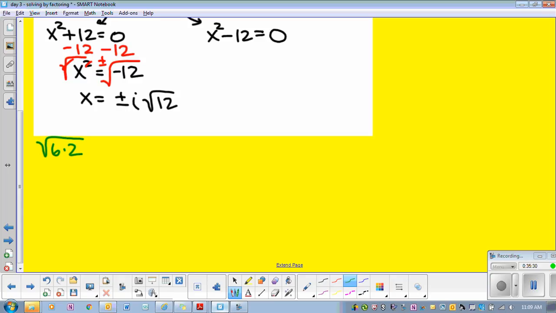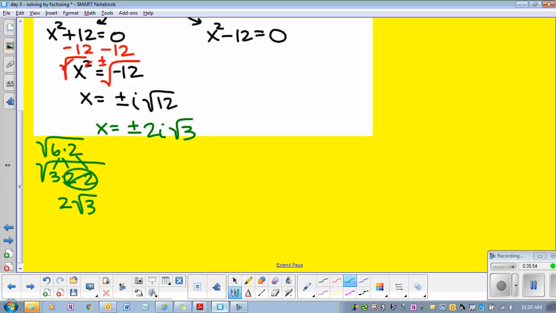You can break down the 6. 2, 3. Yup. And don't forget to bring down that 2 that you already had. Do you see any pairs? Yeah, 1 pair. Yup. So then one of those comes out. What still stays in? 3. Good. So this turns into x equals plus or minus 2i root 3. Does that make sense?